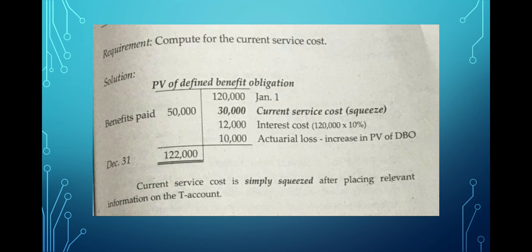Benefits paid on the debit side. 120,000 on January 1 on the credit side, as well as the current service cost, 12,000 pesos interest cost, and 10,000 as actuarial loss, increase in PV of DBO. And on December 31 we got 122,000. Current service cost is simply squeezed after placing the relevant information on the T account.